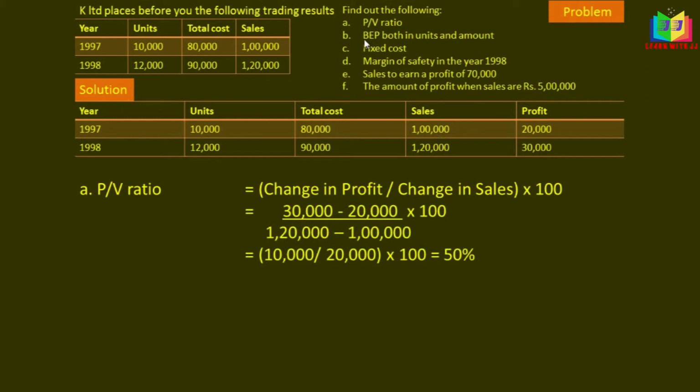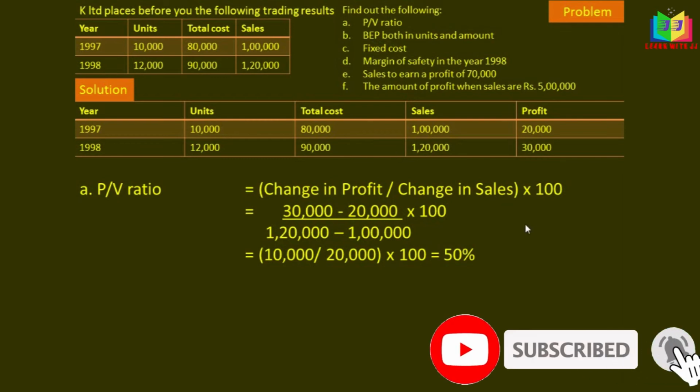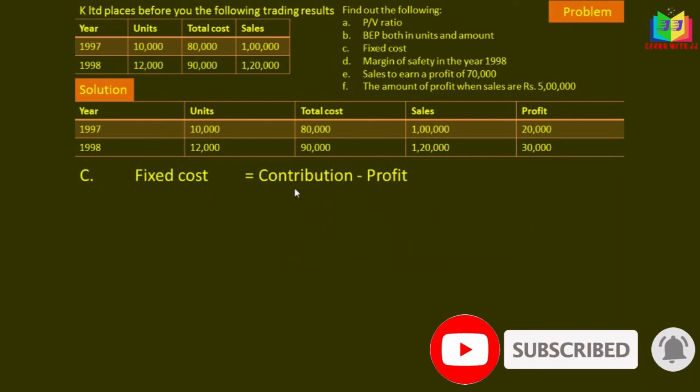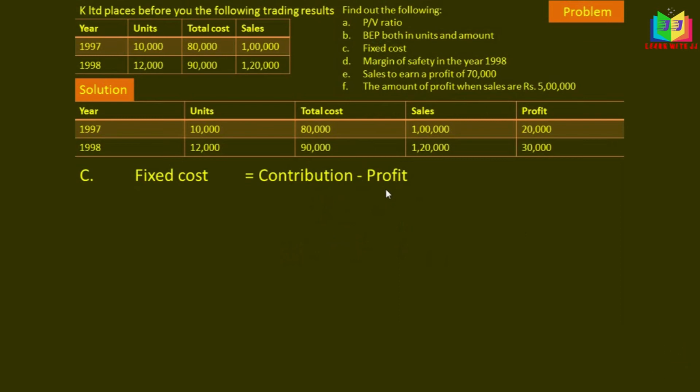And the next question is break-even point both in units and amount. For finding this break-even point, we should know what is the fixed cost. Then only we can work out this break-even point. Before answering this question, we'll find what is this fixed cost. Fixed cost is nothing but your contribution minus profit. We have profit here. So we need to find what is this contribution.